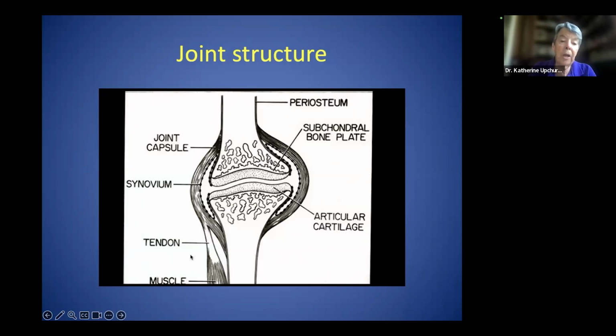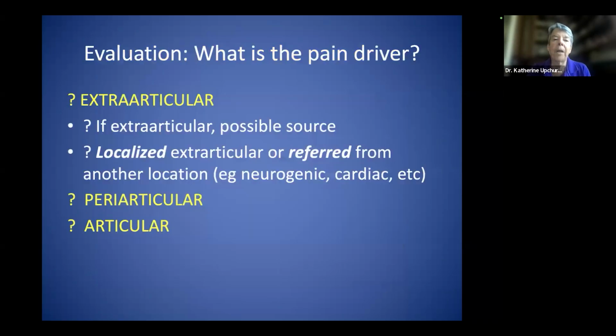In addition, muscles, which terminate into tendons, are part of the joint structure, and the tendon basically intersects with the joint capsule. So any one of these structures, if it's impaired in any way, could lead to pain that takes the patient into your office for your analysis.